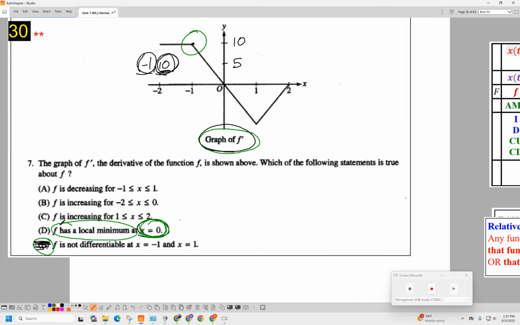So we would have to see f prime changing for a local minimum, don't get it backwards, from negative y values to positive y values. That's how f prime would have to change.